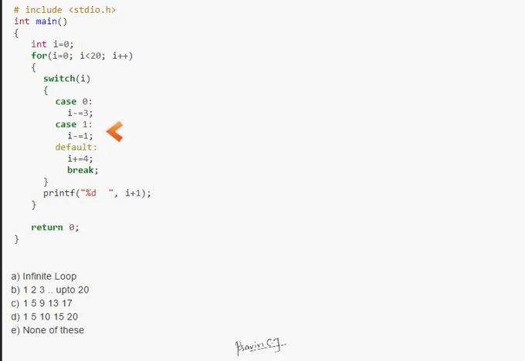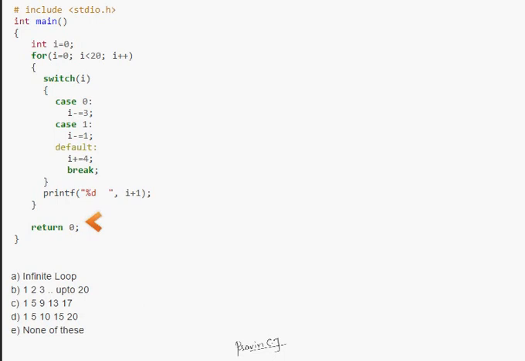Switch of 0 will give you case i minus equal to 3, so i's value will be decremented by 3, and only case 0 will be accepted. i's value becomes minus 3 and it will print with %d i plus 1.